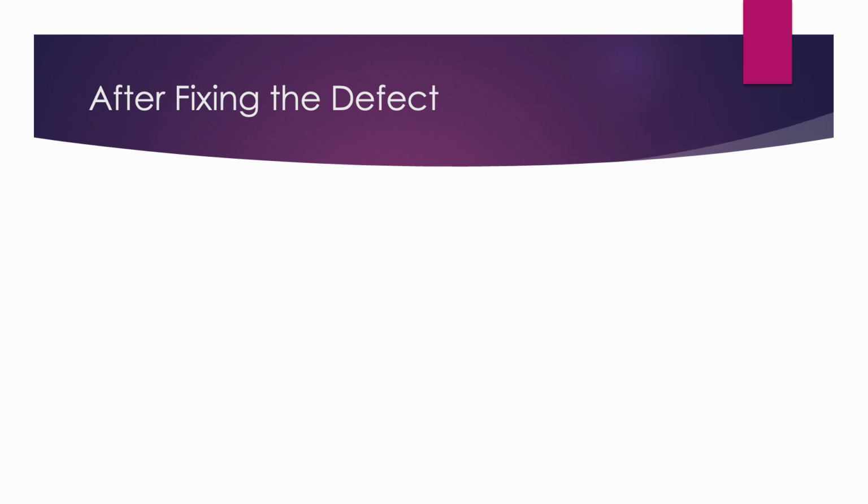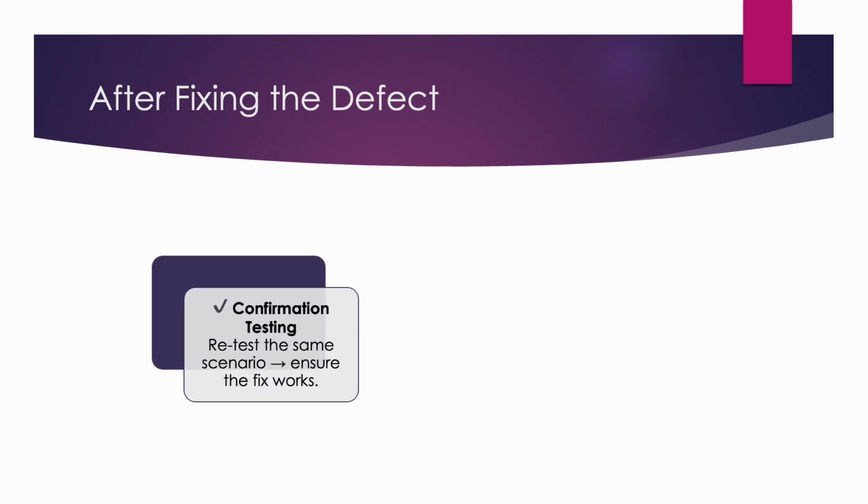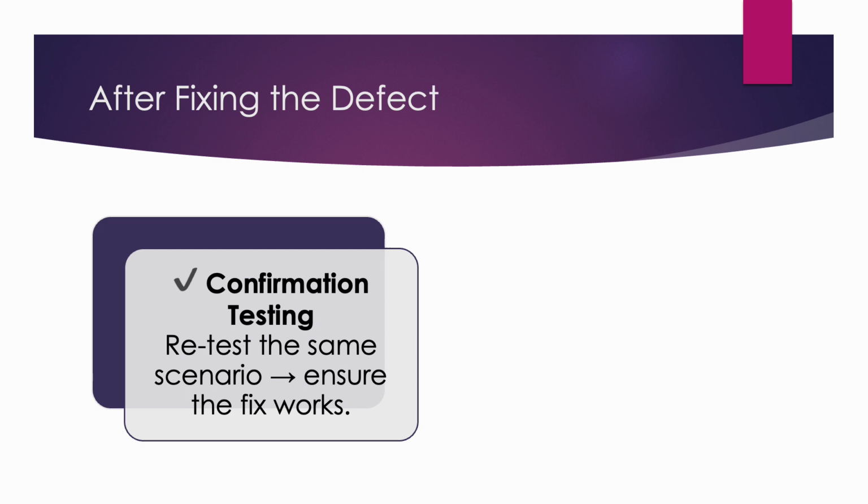But wait, the process doesn't end there. After a fix is applied, two important testing activities follow. First, confirmation testing. This is sometimes called retesting. You run the same test again to make sure the defect is actually fixed.